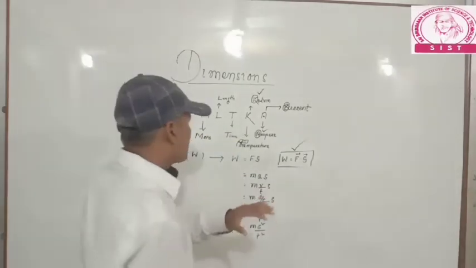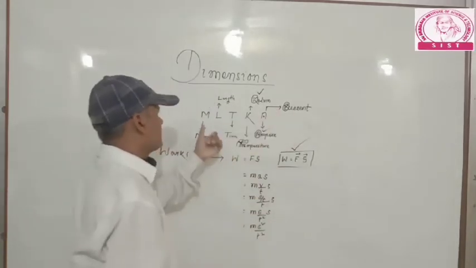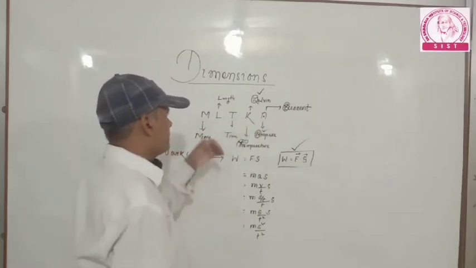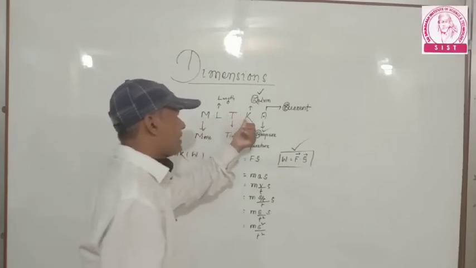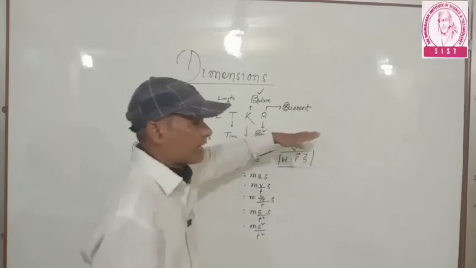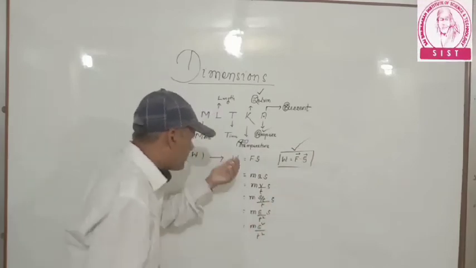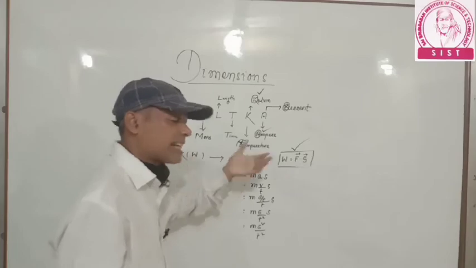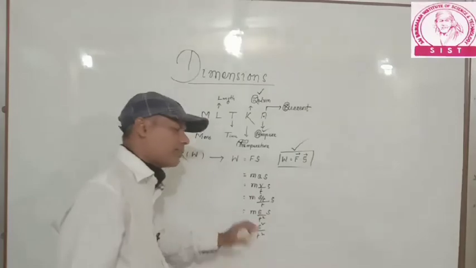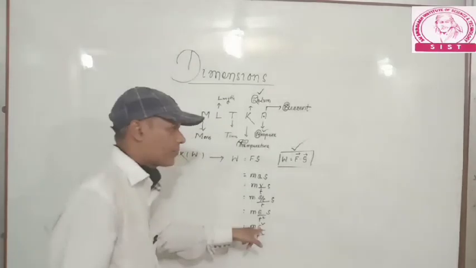Earlier I have stated to you that these are fundamental quantities: mass, length, time, temperature, current. All the five physical quantities are fundamental quantities. Once a physical quantity is transferred into the form of fundamental quantities, then you stop immediately.